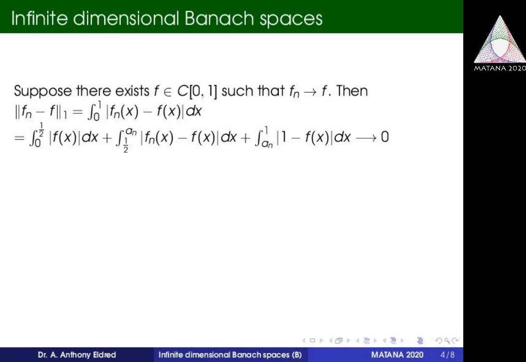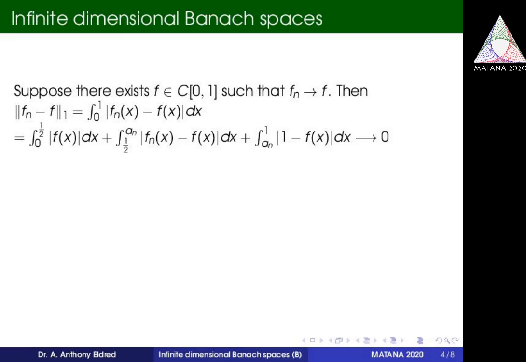And if you split the interval, in the first integral we see that fn of x is equal to 0, so we have only modulus of f of x. The second integral has modulus of fn of x minus f of x as it is. In the third integral we know that fn of x is equal to 1.